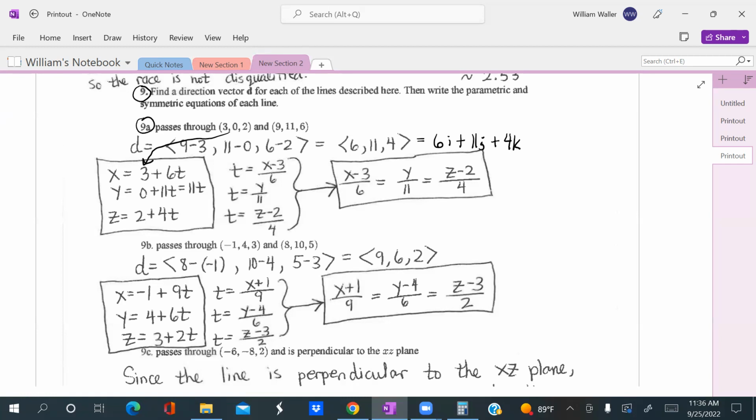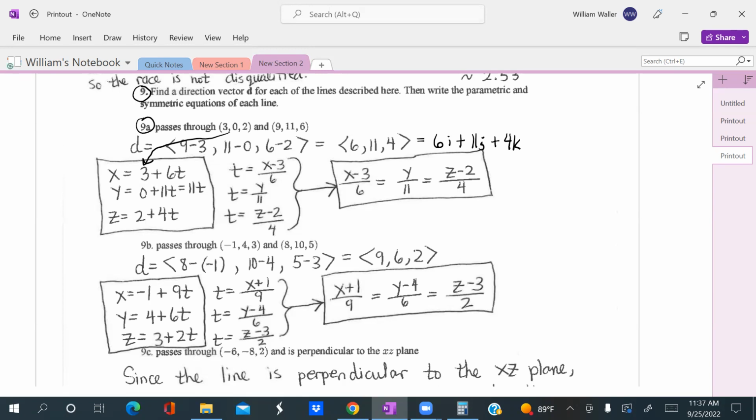And then you add on in each case the components of the direction vector times this parameter t, this extra variable t.